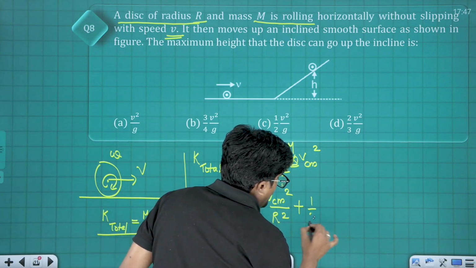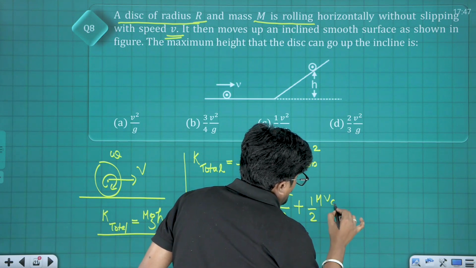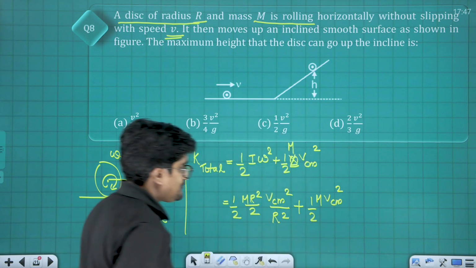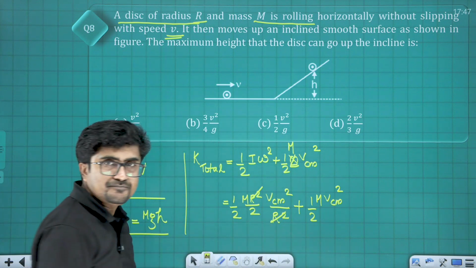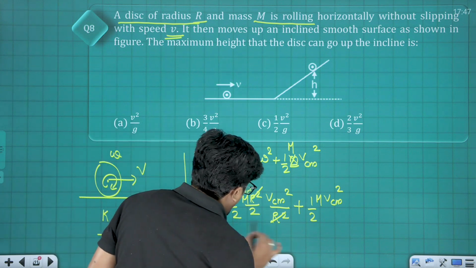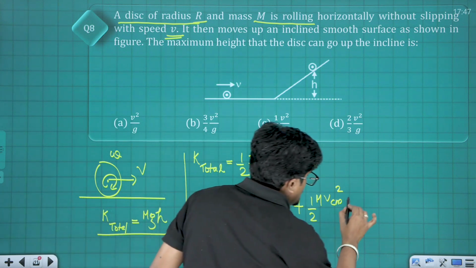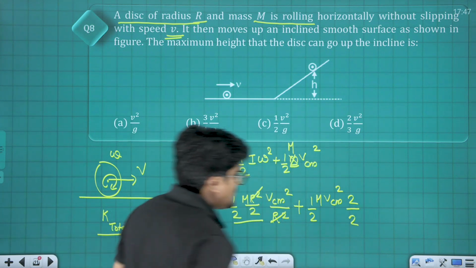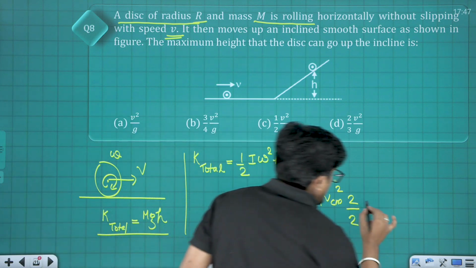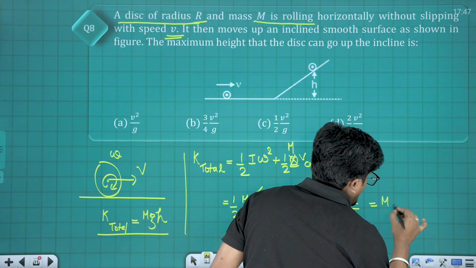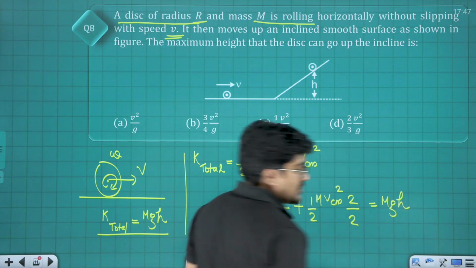Now half of capital M into V CM square. What you can see is these two will get cancelled. Now here I have got 4 on the denominator, so I will multiply with 2 in the denominator as well as numerator, and this needs to be equal to capital M into g into h.